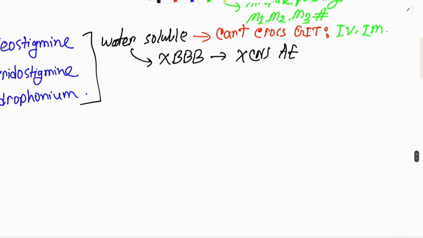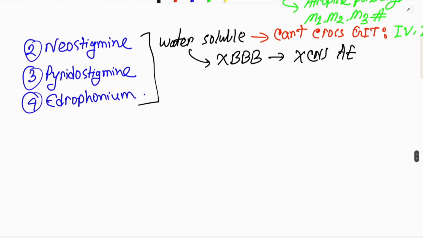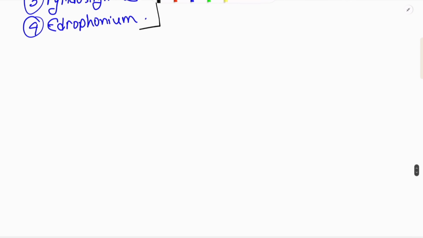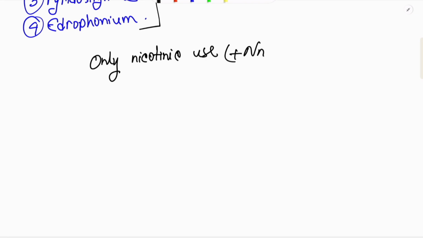So now we will discuss the use of these three drugs. We can categorize the use of these drugs in two categories. First category is only nicotinic use. This means this will only stimulate N and NM receptors.